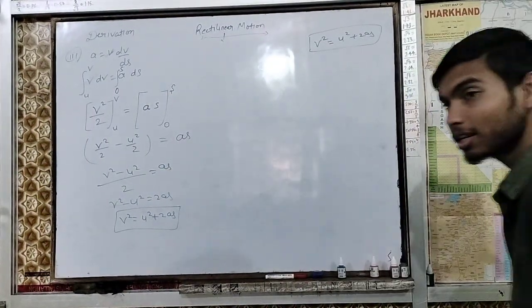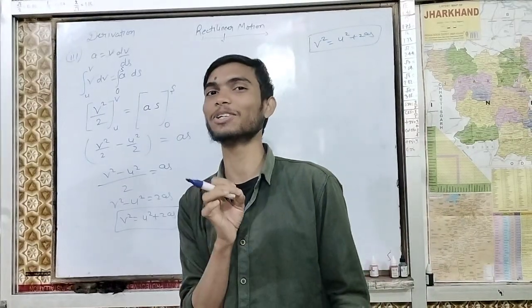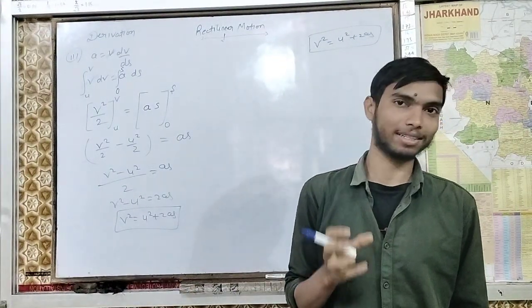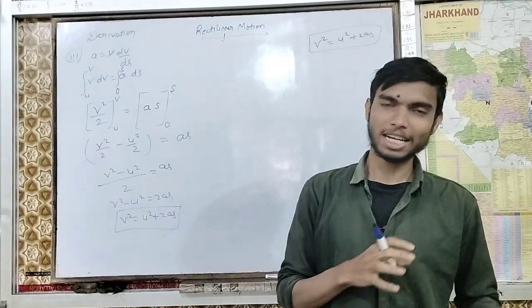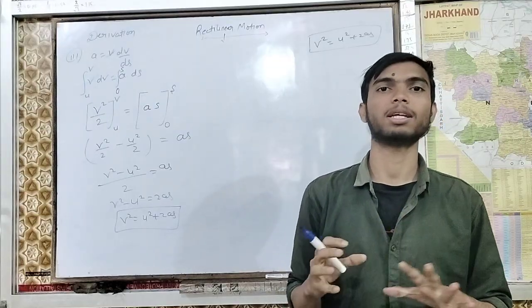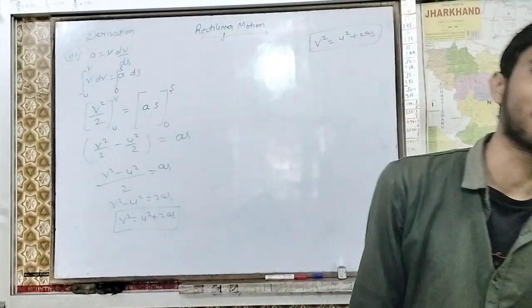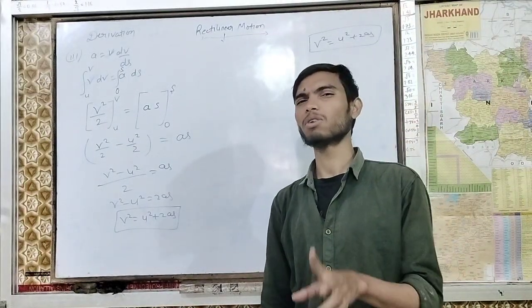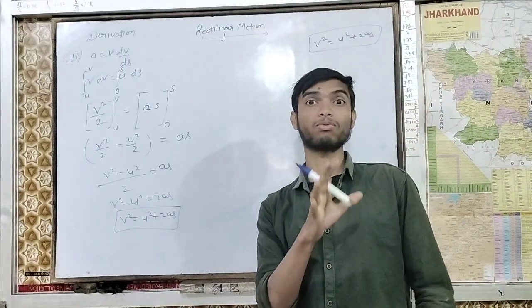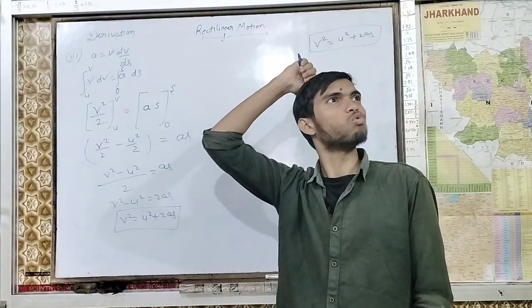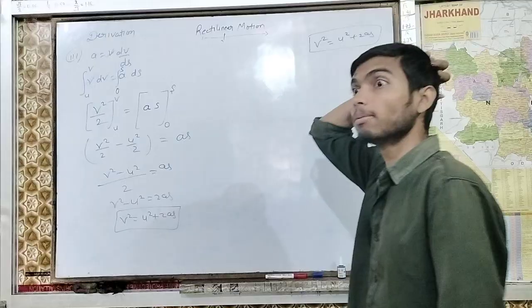And how to remember? The main thing is how to remember. Once you understand the derivation behind the equations of motion, it becomes very easy to remember them for a long time, not just temporarily. First is nothing but final velocity, v = dv upon dt.